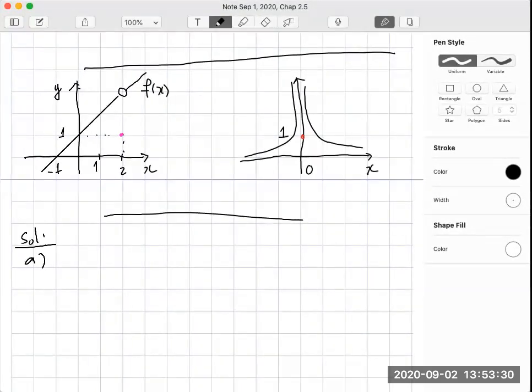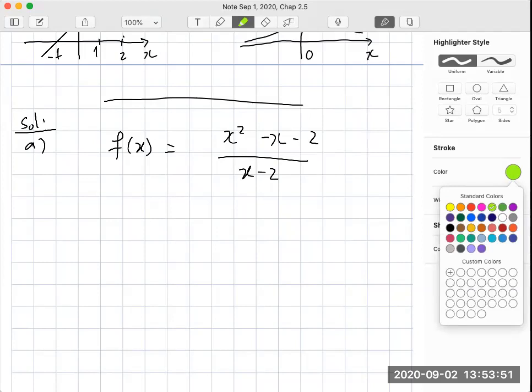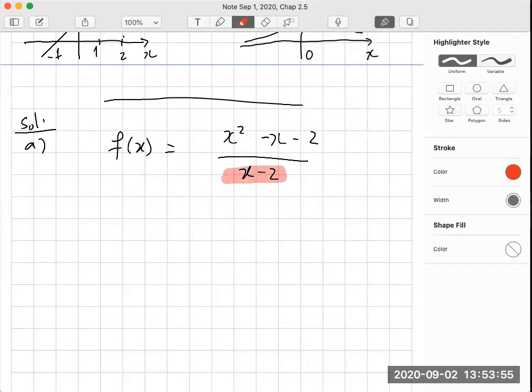Okay, now when we solve this one, the function f of x, let me just rewrite it here so that we can all see it together. What we need to do is to find the domain of this first, right? And see where it is defined. So it is defined when this guy is not 0.